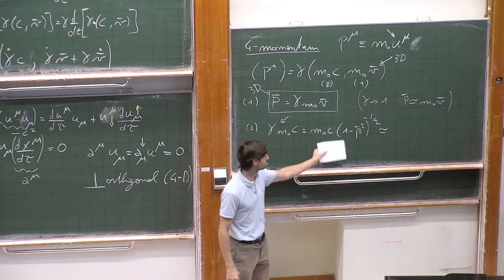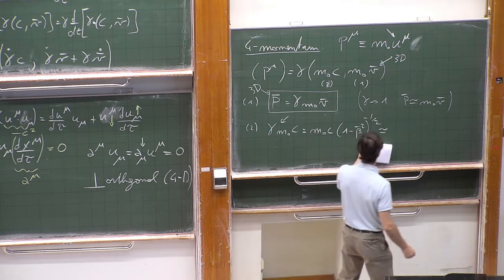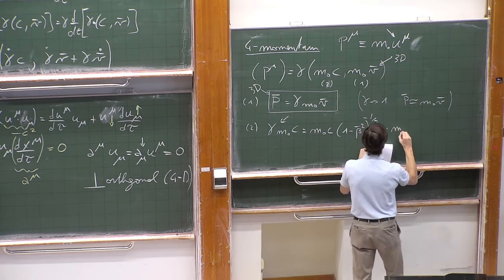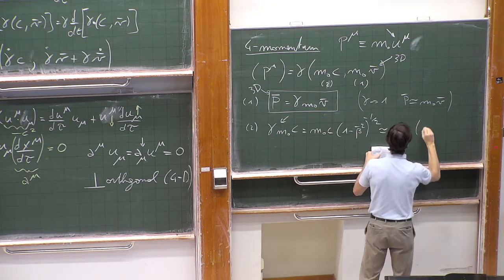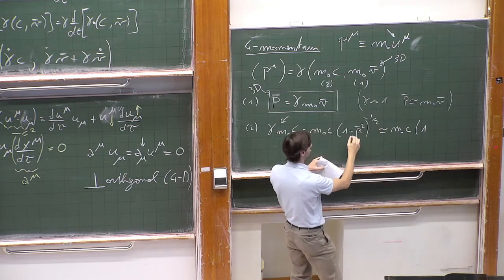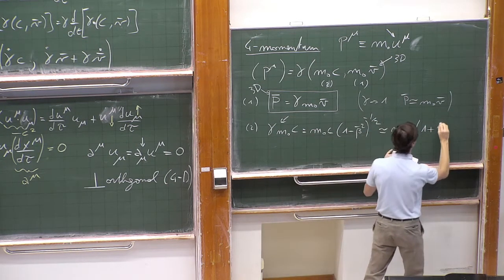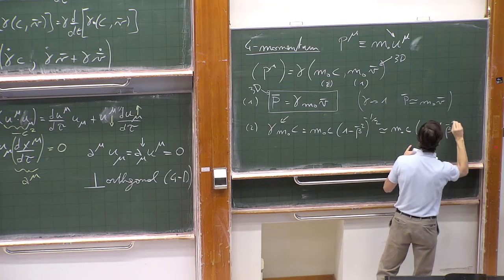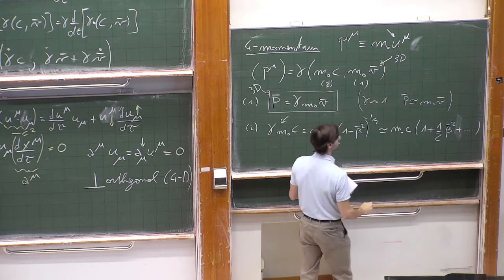Then again, it's not that clear, so let's make a Taylor expansion. Let's make an expansion of this square root at first order and see what we get. So we just get M0 C, which is the constant that I'm not going to touch. And then we have 1, and in the Taylor expansion we have a minus here and a minus here, therefore we get a plus 1/2 beta squared, plus the other terms.